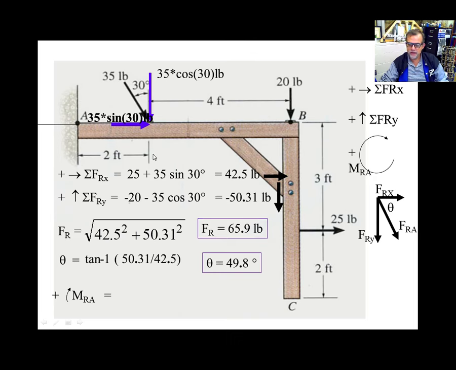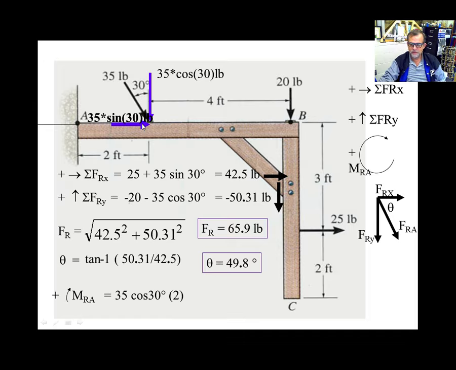Now what is the effect? Well, if you put your finger in the point A and you press, the rotation is going to come in this direction, and that direction, according to my convention, is also positive. So that will be the moment generated by this force.